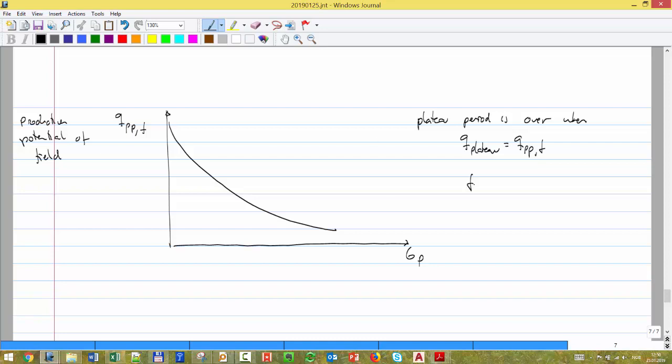So for T greater than TP, I produce that potential. And for T less than TP, I produce that plateau.